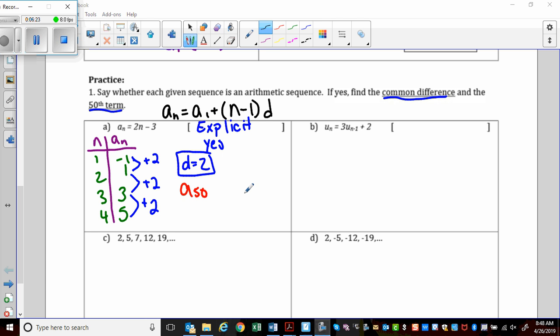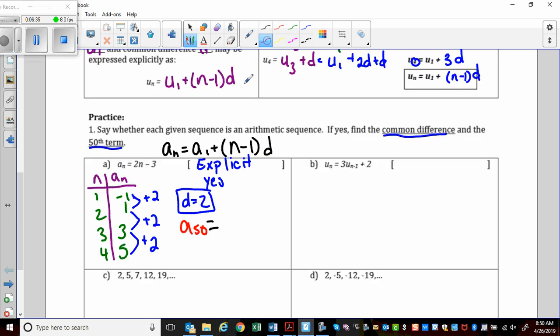So a sub 50 equals a sub 1. a sub 1 is the first term, and we know that the first one is negative 1, plus 50 is our n minus 1 times the difference, which is 2. And this gives us 49 times 2 minus 1, which is 97.